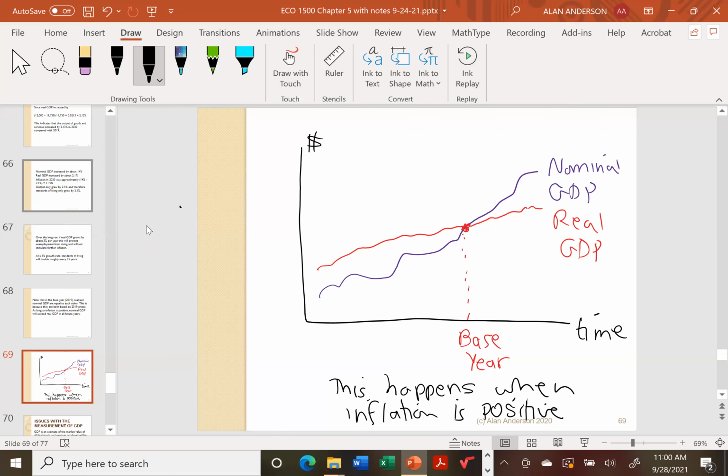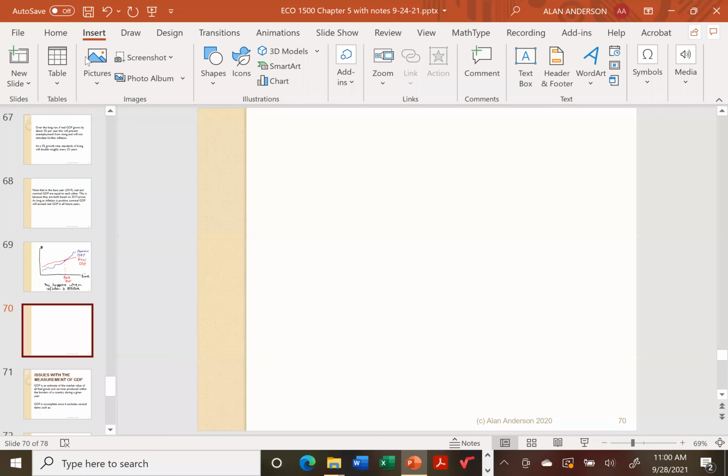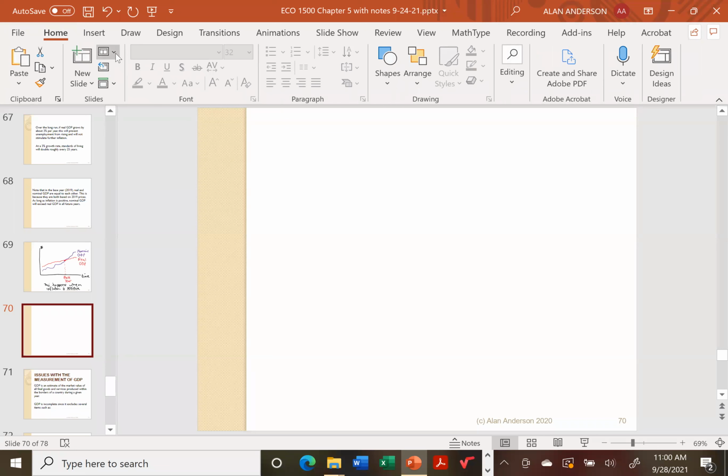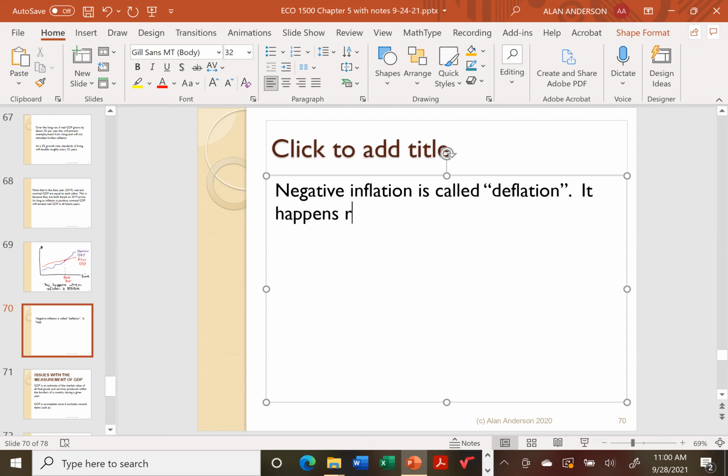Now, by the way, as long as we're on the subject of positive inflation, if inflation is negative, this is something we'll discuss further in the inflation chapter, but inflation can technically be negative, although, like I said, it's extremely unusual. Negative inflation is called deflation, and it happens rarely.